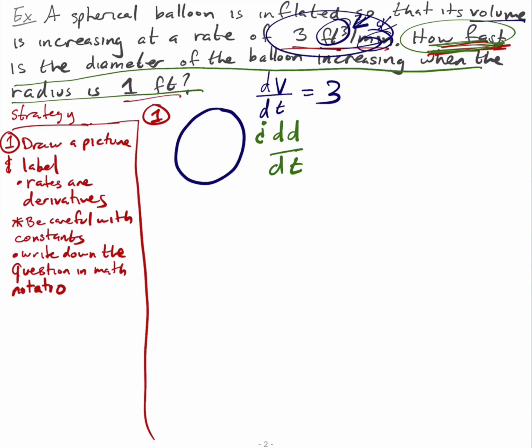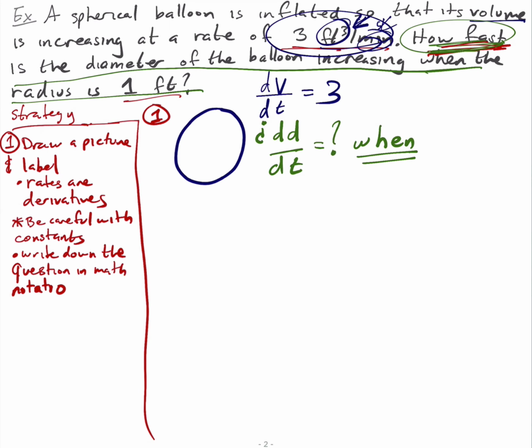So with related rates, it's always going to be with respect to time, with respect to t, because we're talking about how fast things are changing. And so it's pretty much 99% of the time with respect to time. So, okay, now this is equal to question mark, because that's what we're looking for. And you almost always have this, the when.